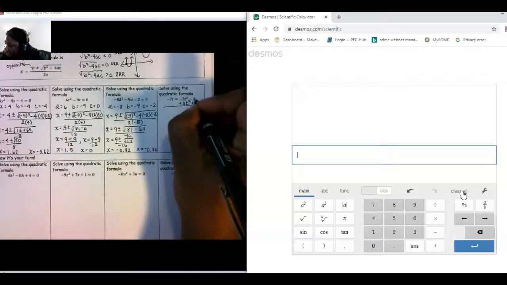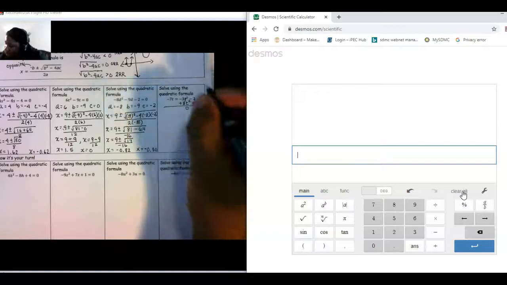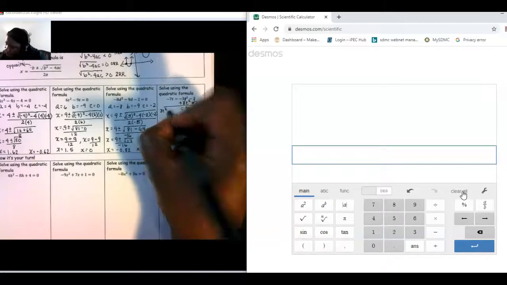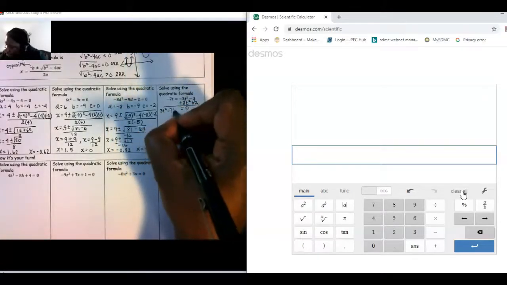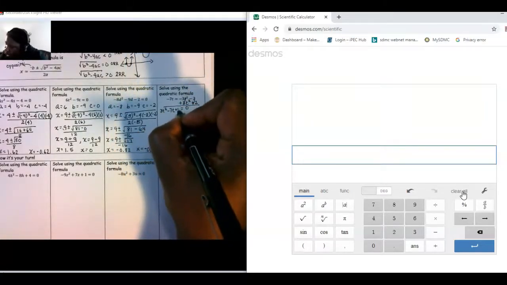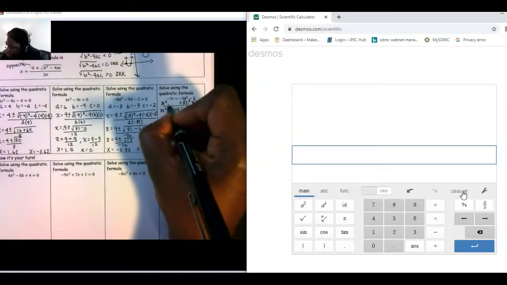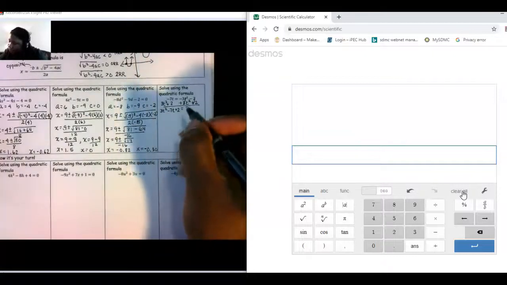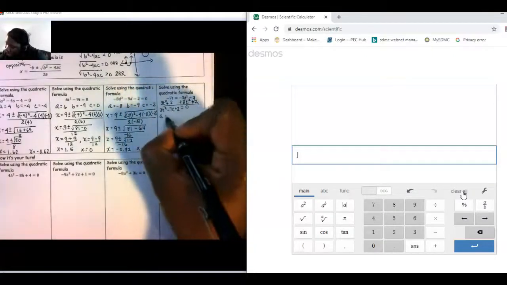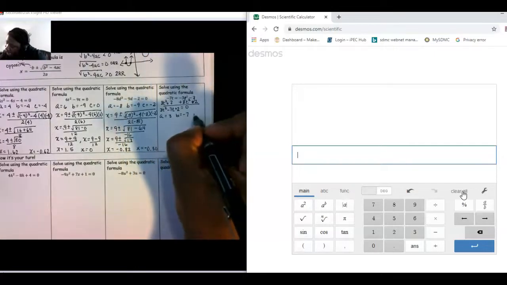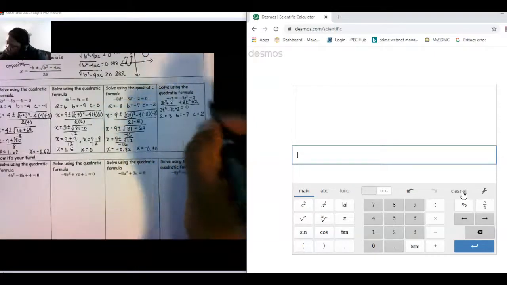That leaves this side at 0, but now it becomes 3t squared minus 7t plus 2. Now, a is equal to 3, b is equal to negative 7, and c is equal to 2.